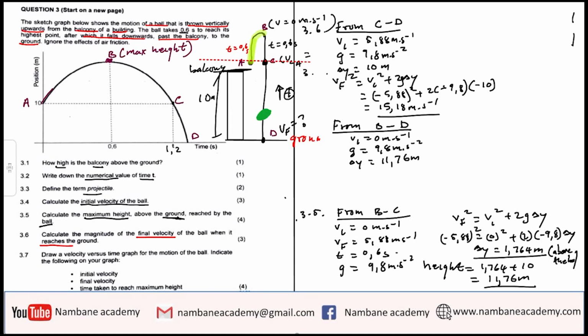Can I choose the correct equation? Yes, I can. V final squared is equal to V initial squared plus 2g delta Y. V final is the question.